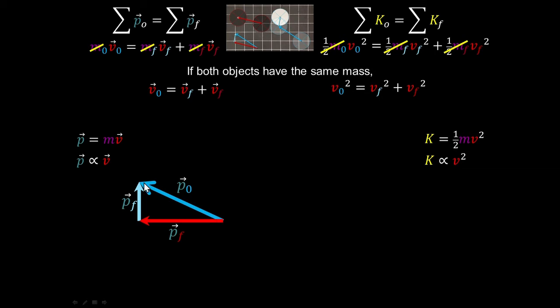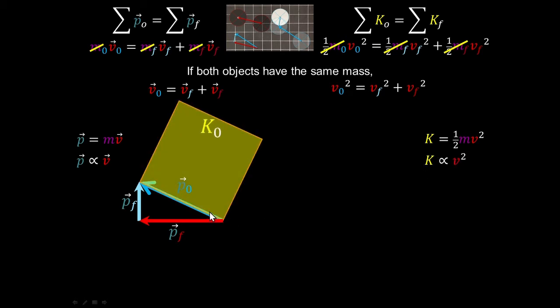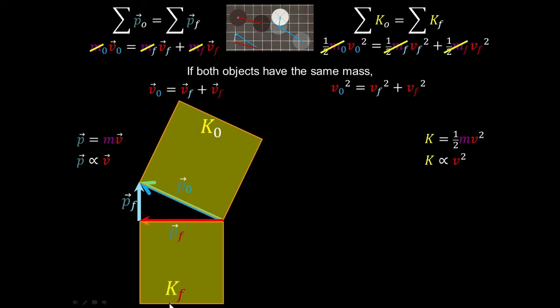So if this side represents the velocity, that side squared, the velocity squared, is going to be proportional to the kinetic energy. So this side squared would be proportional to the initial kinetic energy, and this side squared would be proportional to the kinetic energy of one puck, and that side squared proportional to the kinetic energy of the other. So if the velocity squared before equals the velocity squared after plus this velocity squared after, like I have right here, then kinetic energy would have also been conserved.